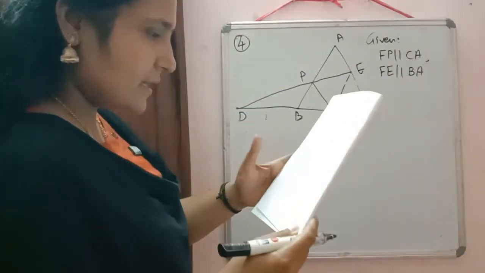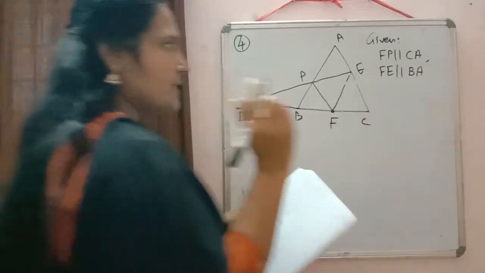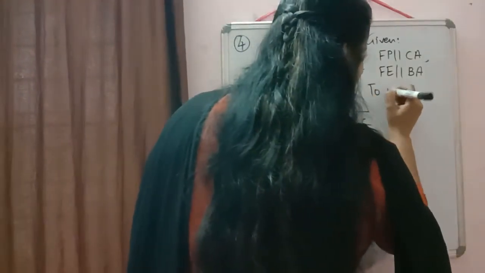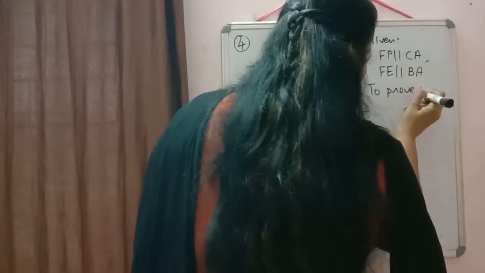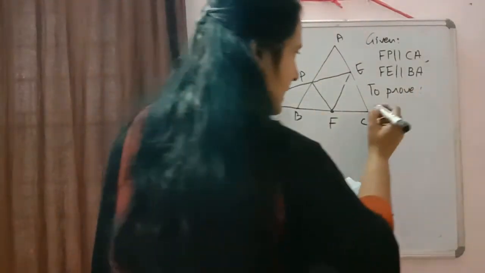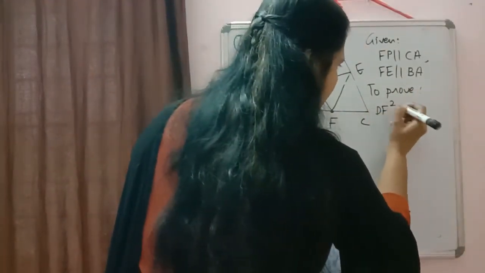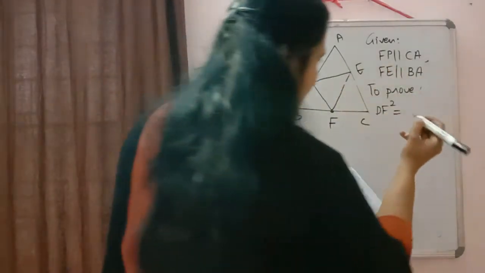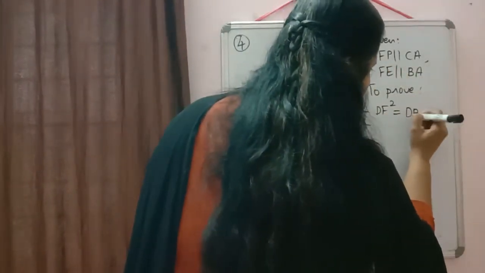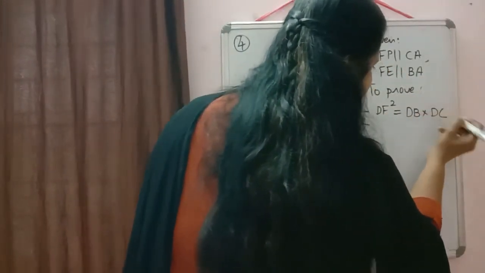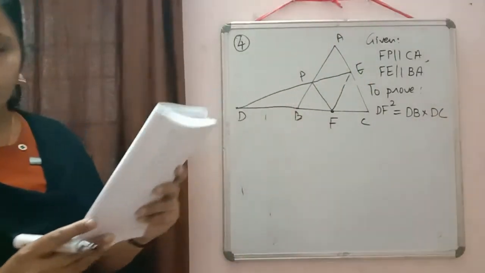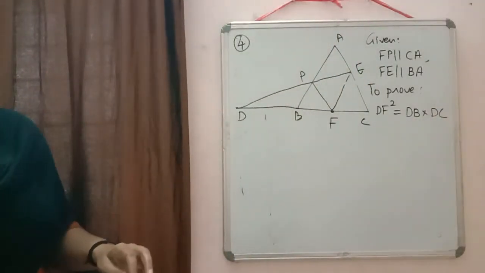Any other condition? Not given. Okay. So this is the condition which we have here. Then next, to prove. What do we have to prove here? DF square is equal to DB into DC. We have to prove this.